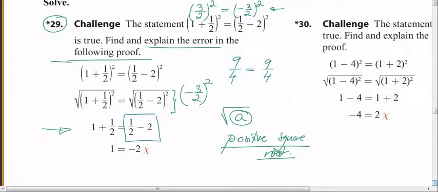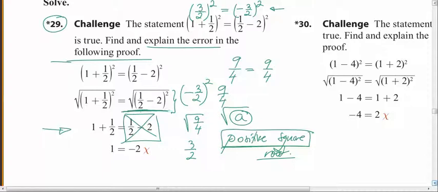Basically, first you subtract 2 from 1/2, right? And then you square everything, you get 9/4, and then you have to take the square root of 9/4, and that will give you 3/2, because it has to be the positive square root. So this is where the flaw is, right?